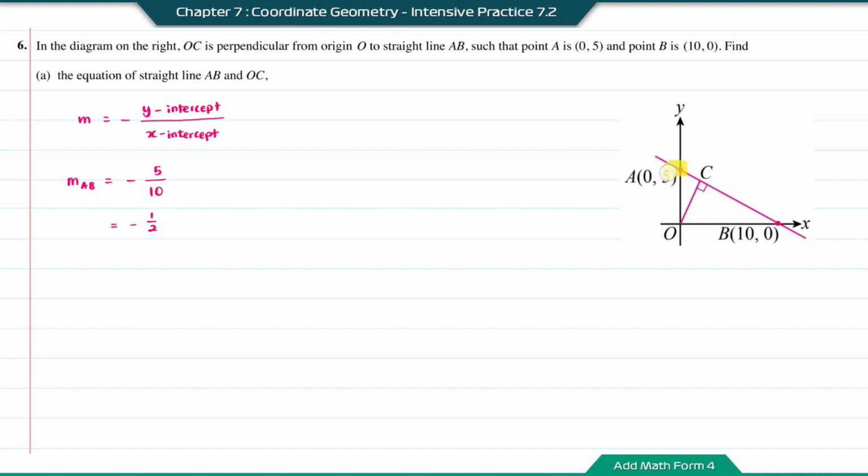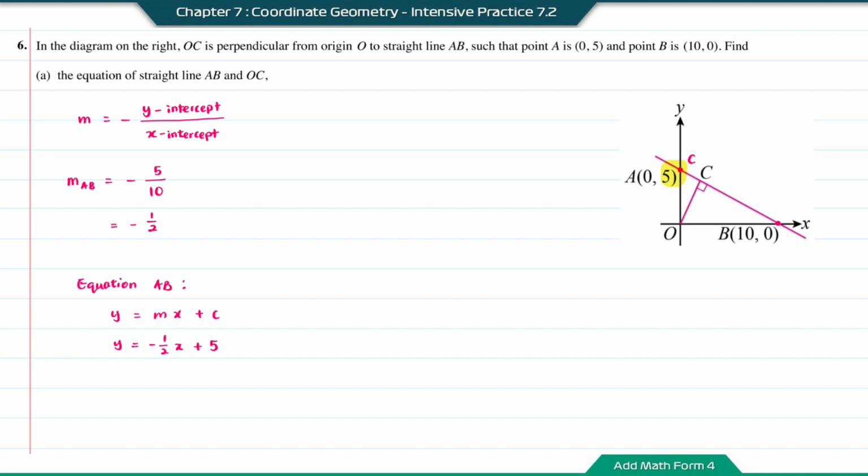So here we already know the y-intercept is equal to 5, which is the c. So to find the equation, it will be y equal to negative 1 over 2 x plus 5. So this equation is in gradient form.